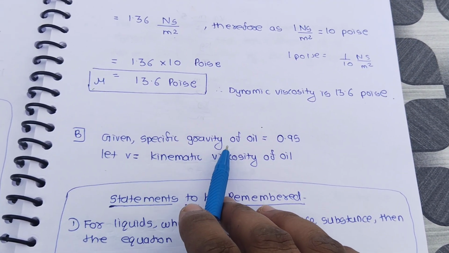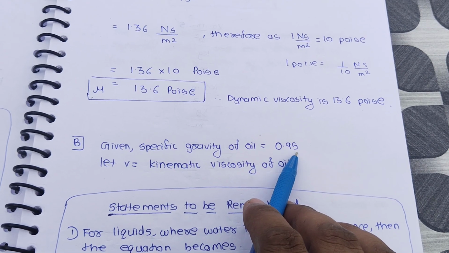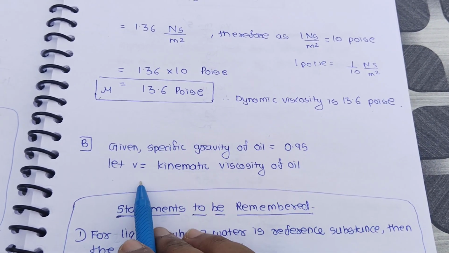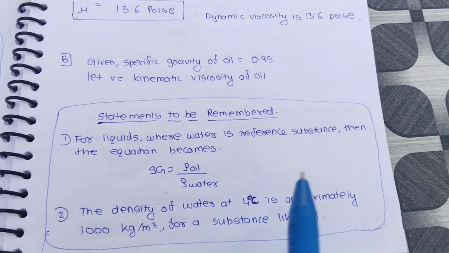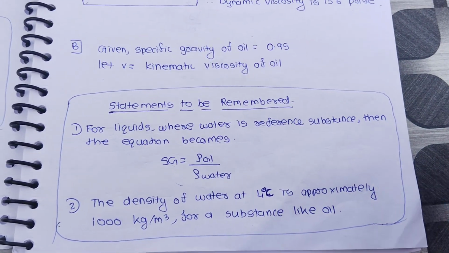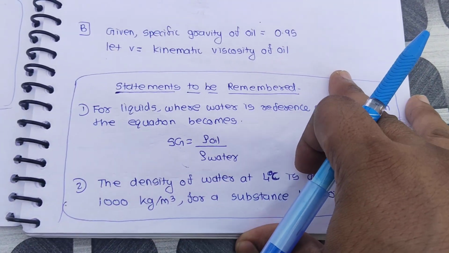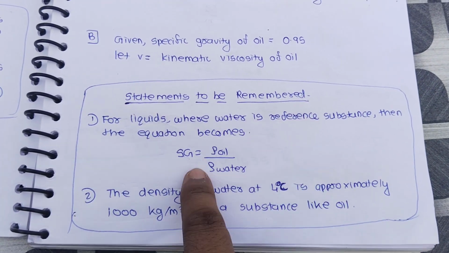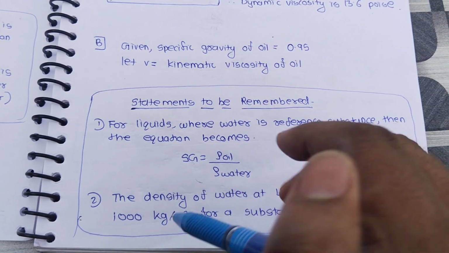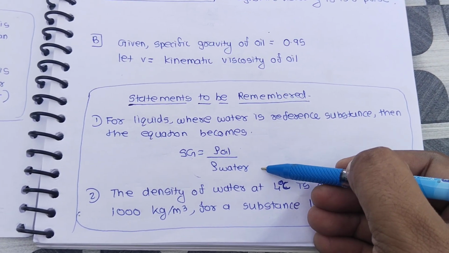Specific gravity of oil is 0.95, it is given in the question. So let nu be equal to kinematic viscosity of oil, but before calculation we need to remember some points, because we have to use the equation which relates the specific gravity, density of oil and density of water.